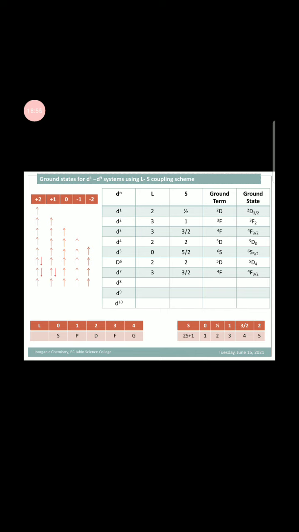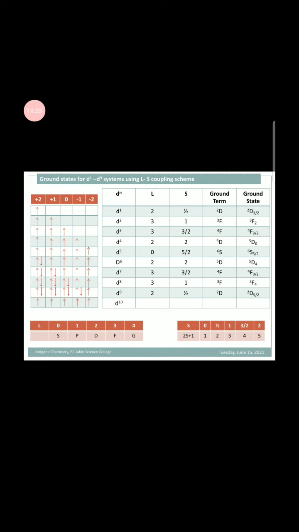For d8, L is 3, S is 1, the ground term is 3F, the ground state is 3F4. For d9, L is 2, S is 1/2, the ground term is 2D, the ground state is 2D 5/2.